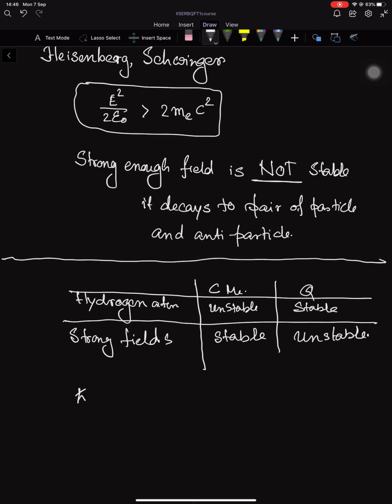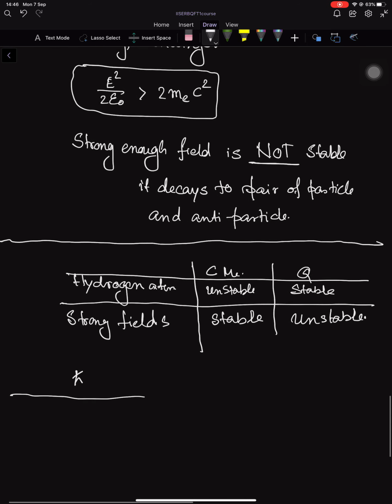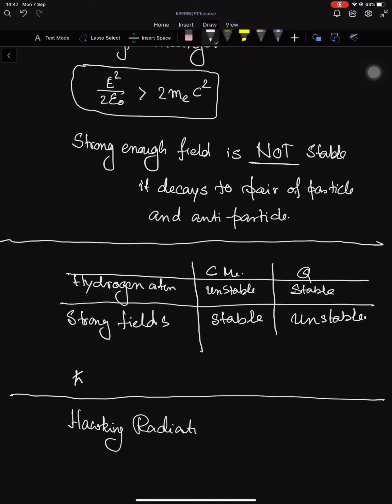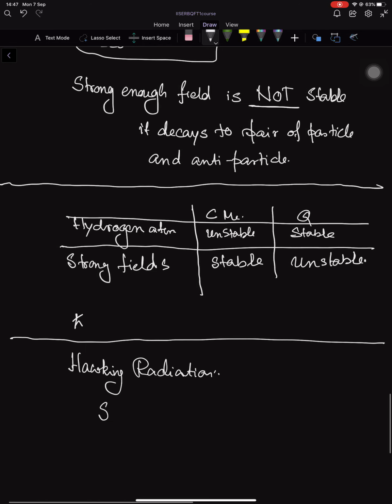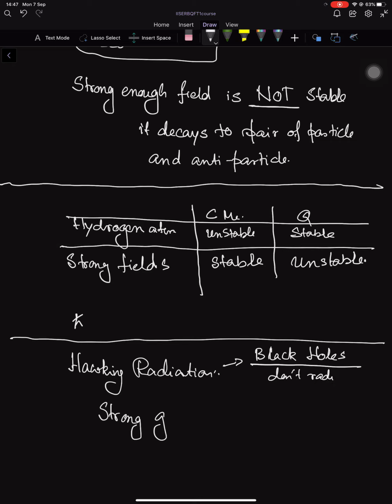Okay, so similarly there is also something called Hawking radiation. And it is the same thing. It's basically a strong gravitational field. Hawking radiation is important because it comes from black holes, and black holes classically do not radiate.